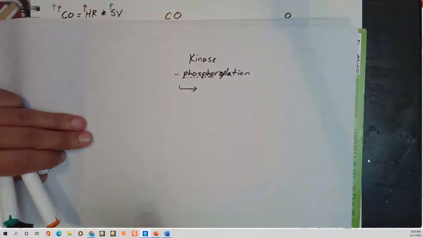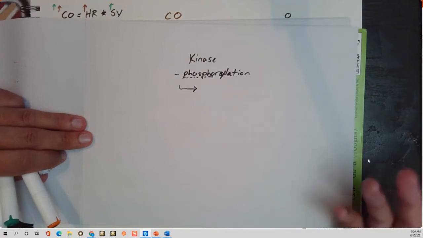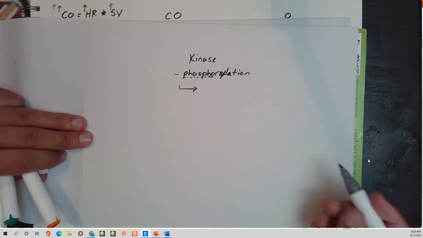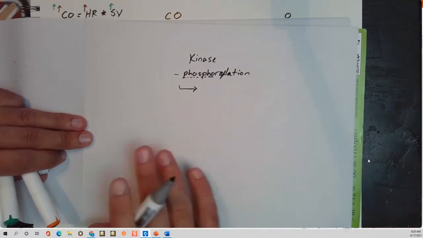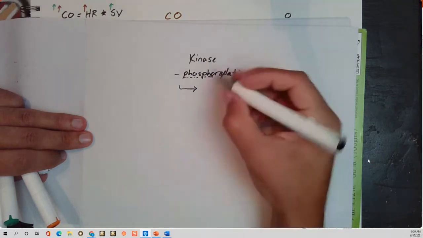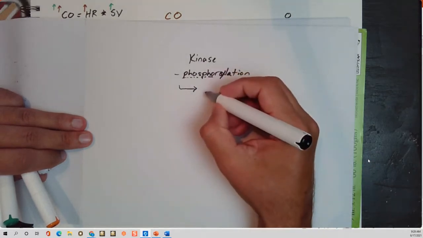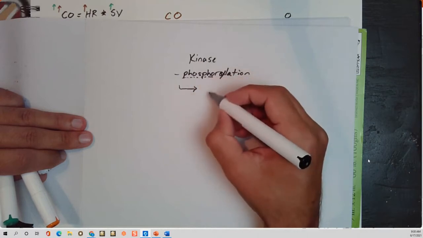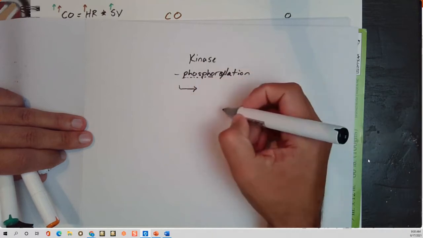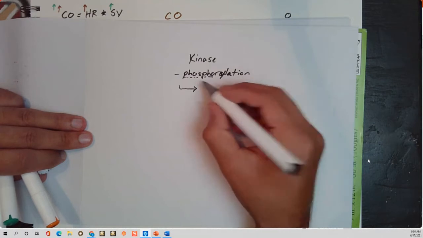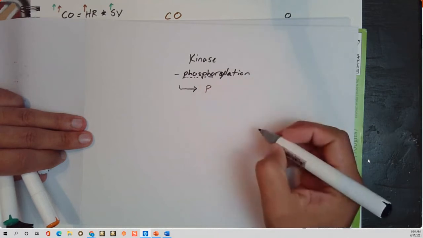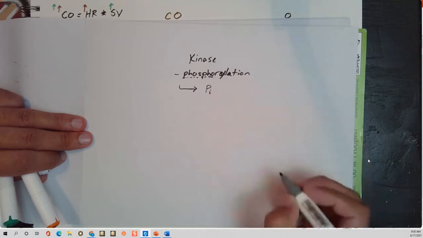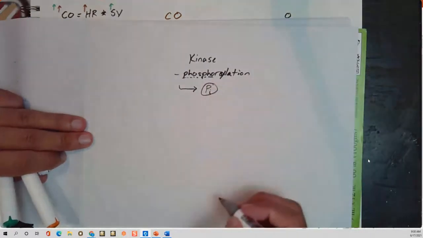Your bones store away so much calcium and so much phosphate because the body needs so much calcium and phosphate. Does that make sense? Phosphates are all over the place. And they're normally floating around as an inorganic. They don't have carbon, they don't have oxygen. They're just this phosphate group with a whole bunch of charges around it. So we're going to write that as a P, a lowercase i, and then we put a circle around it, and that's called an inorganic phosphate.